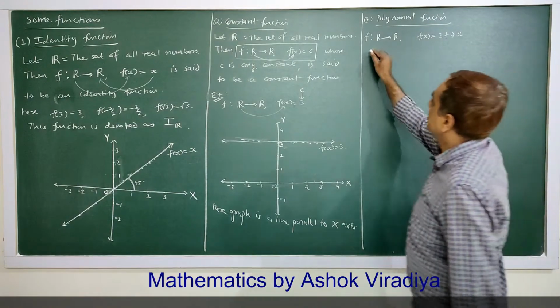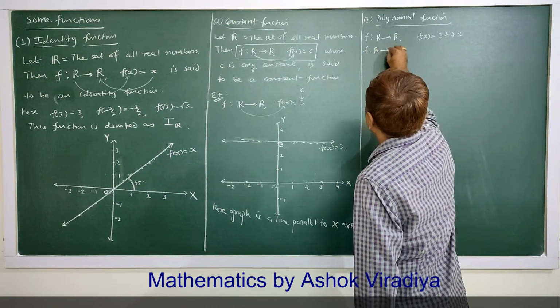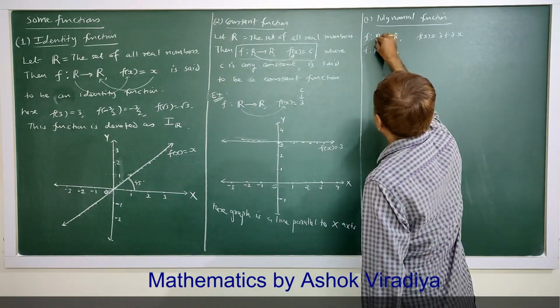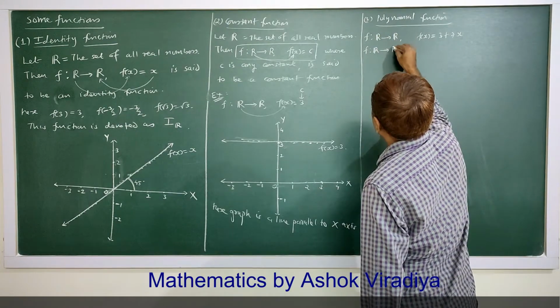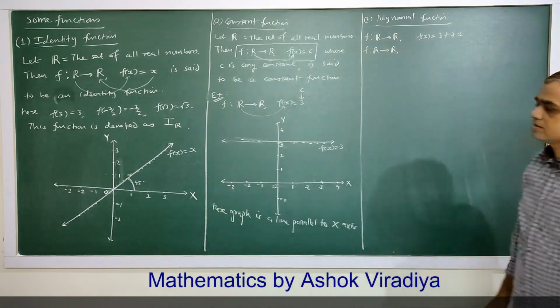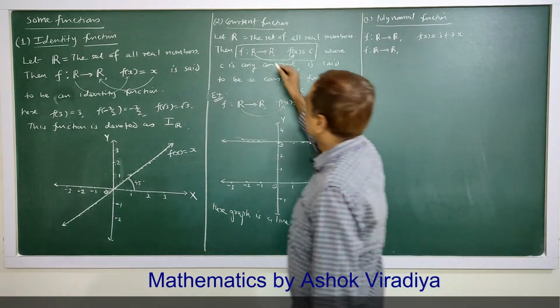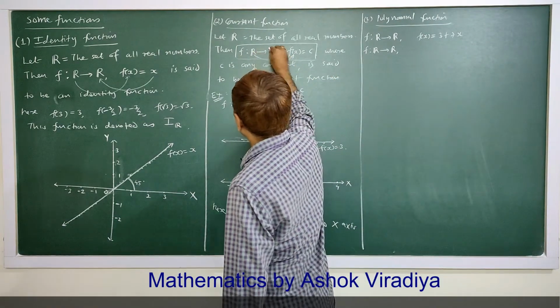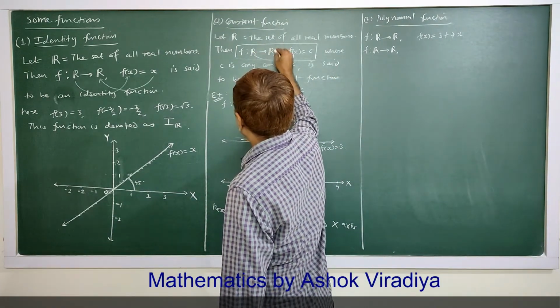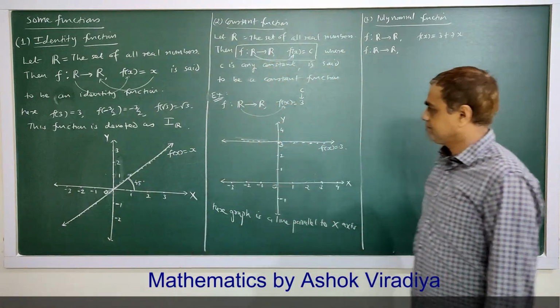I am taking a second example, f from R to R. R is the set of real numbers. For the set of real numbers, we slightly differ the symbol for R by this double line.